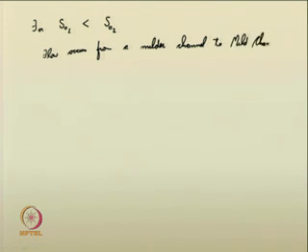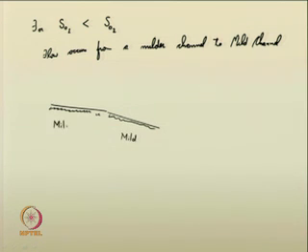Fine. That is, you may have a channel, say this is a milder channel and another channel that is mild. So, both have mild slope, but the first one is more mild than the second one.